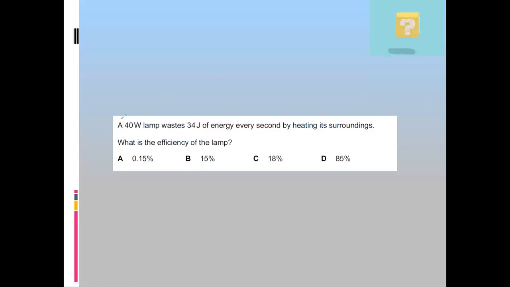Then a 40-watt lamp wastes 34 joules of energy every second. So that is the lost energy. What is the efficiency? Efficiency is the useful power divided by total input power, times 100. 34 joules per second wasted means 34 watts is wasted.